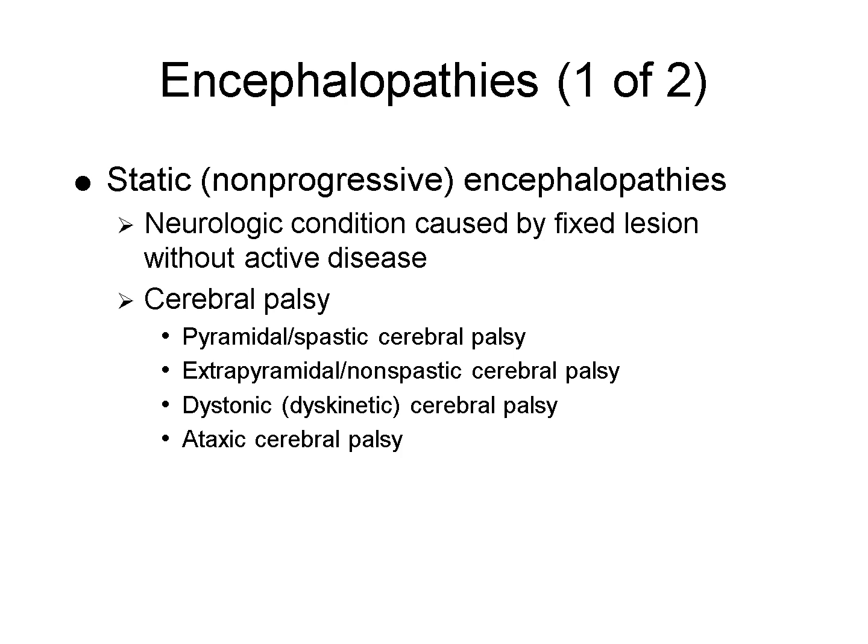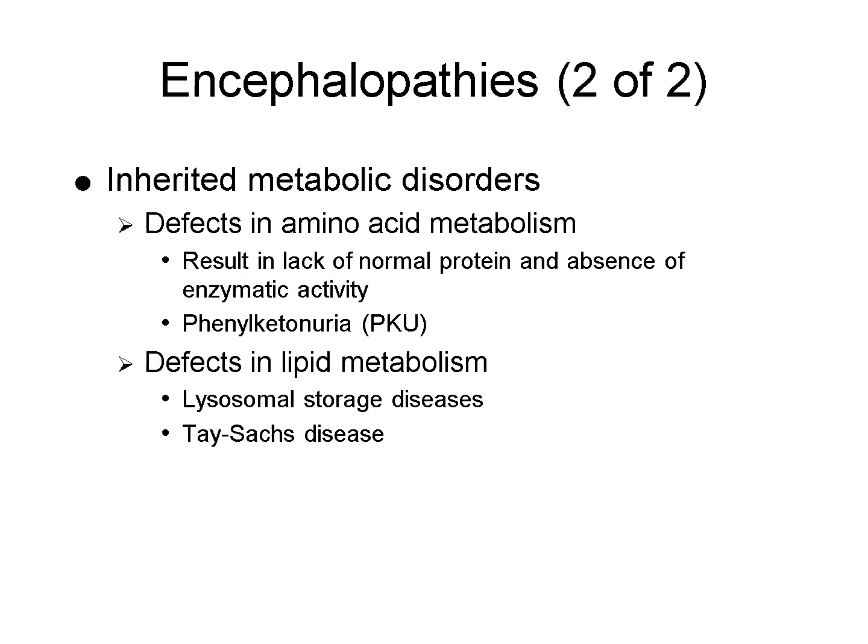The condition can be classified based on motor symptoms, including spastic forms with muscle stiffness and non-spastic forms that involve involuntary movements or poor coordination. While the brain injury itself does not progress, the effects on movement and function can change with age. Some encephalopathies result from inherited metabolic disorders in which the body cannot properly break down amino acids or fats.